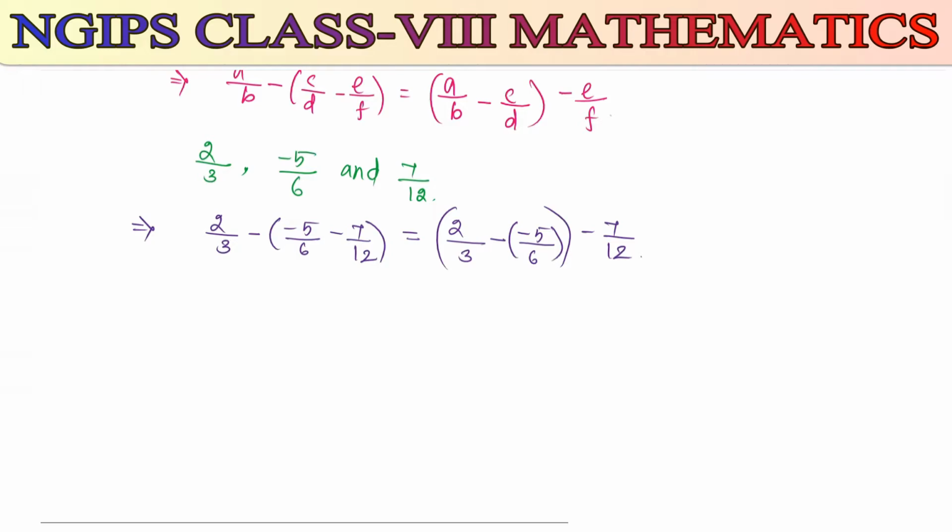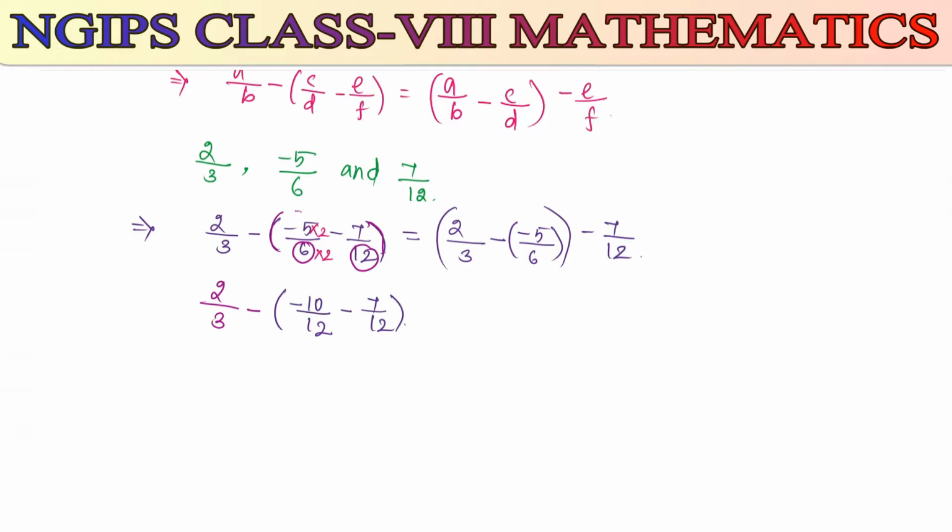Okay, now first we'll simplify the left hand side. 2 by 3 minus, first we have to simplify the bracket. So here the LCM of 6 and 12 is going to be 12. So I need to multiply both numerator and denominator, so that we are going to get the value as minus 5 2s are 10 divided by 6 2s are 12, minus 7 divided by 12. 2 by 3 minus, now the denominator is same, so I can write only once.